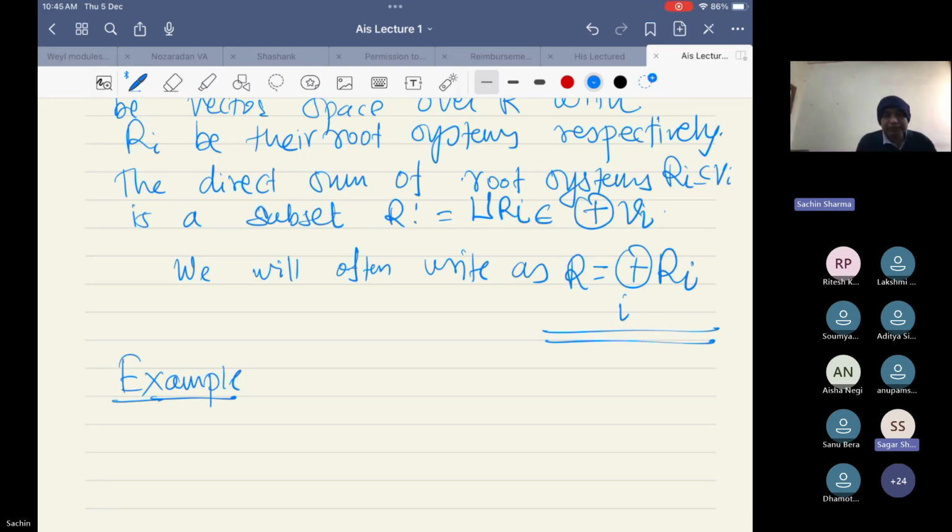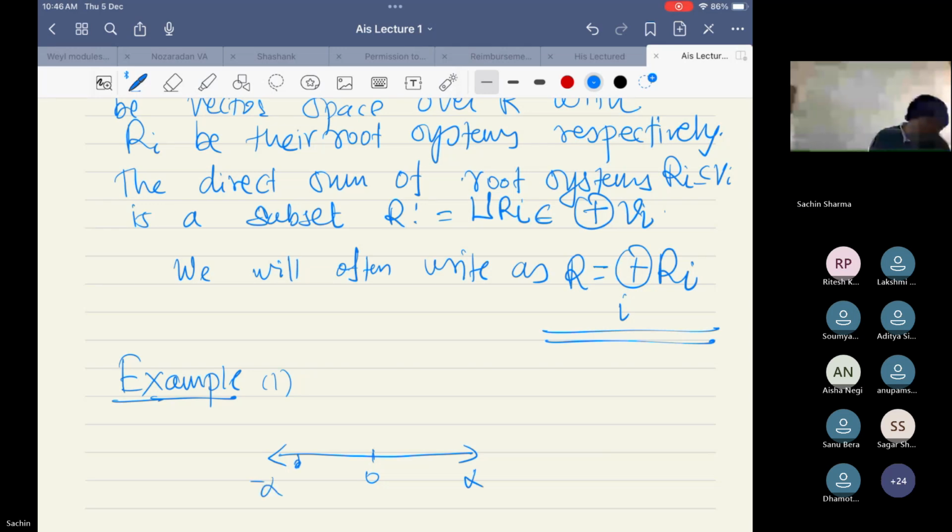The one with the 60-degree angle is not a direct sum of root systems. The example we have seen is R2 with alpha, minus alpha, beta, minus beta, where they are perpendicular.